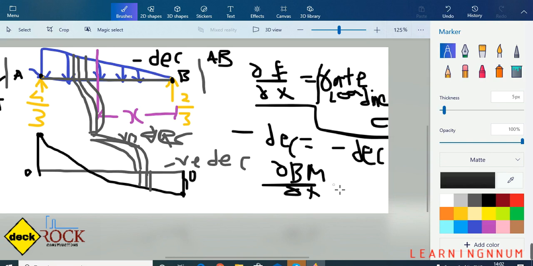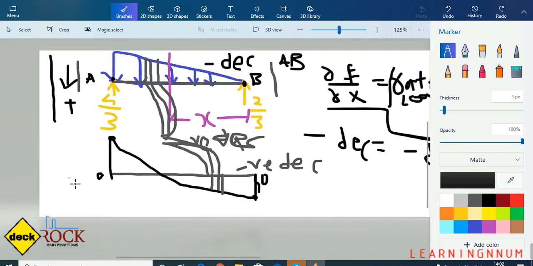Now at this point shear force is 0. That means slope of the bending moment curve at that point would be 0. Slope of curve 0 means at that point we would have a straight line. Okay? Understood? Yes, sir.